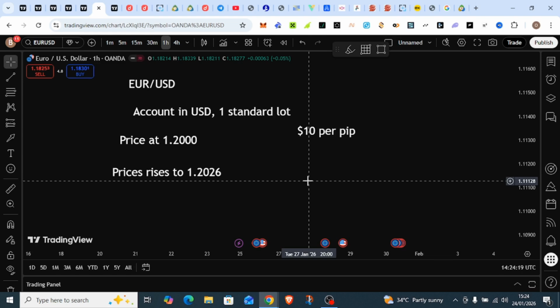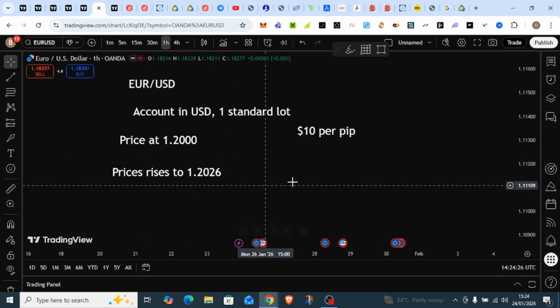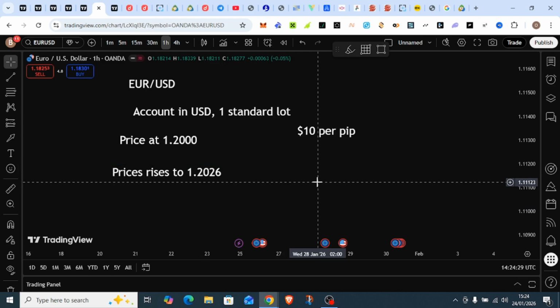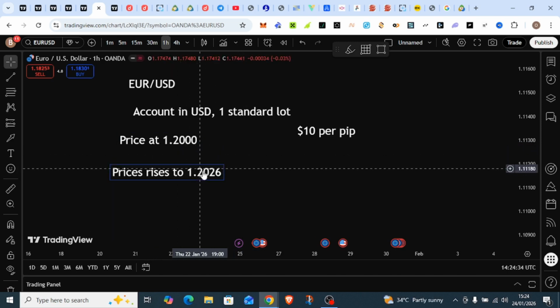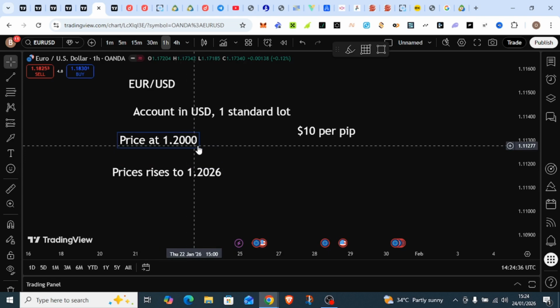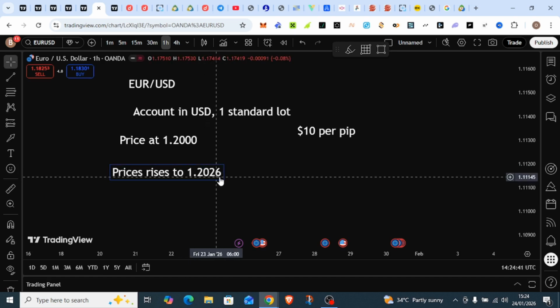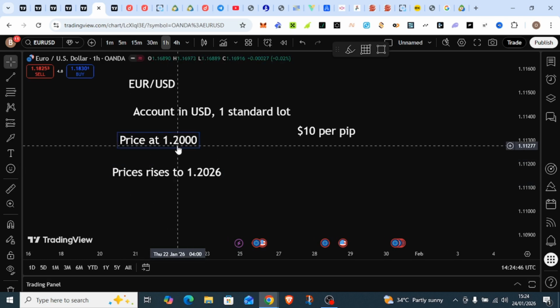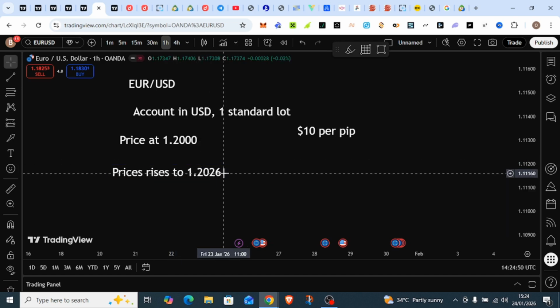So using that same formula I gave you earlier, you subtract 1.2000 from 1.2026 and divide it by 0.0001 to get your pips.